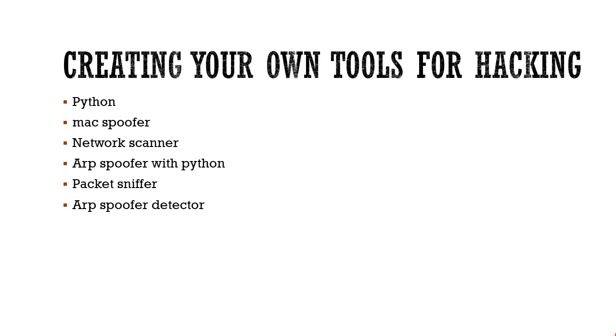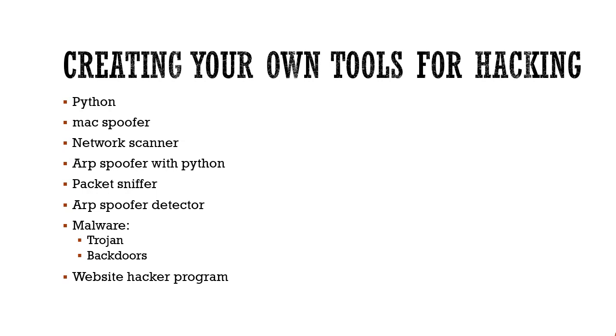You may not know what all of these things are. Don't be worried. Through the course we explain each of them so you can understand. If you don't understand them through the course, you can ask me. I will share my contact details with you as well. When we move on to malware, we will learn how to create our own Trojans with Python, and also backdoors, keyloggers, and many more things with Python.